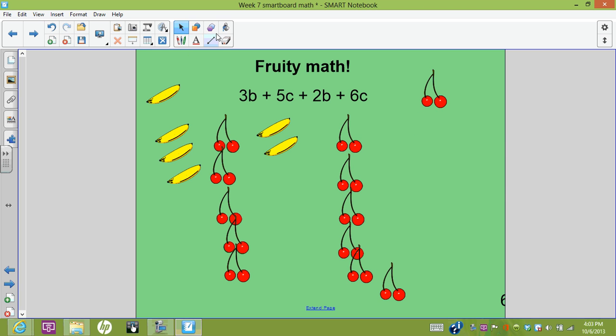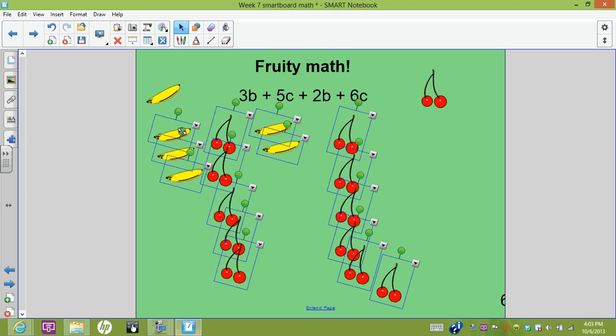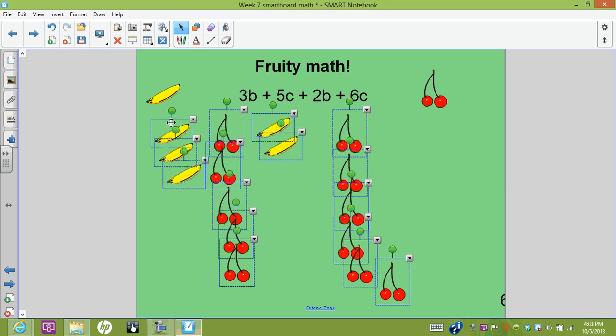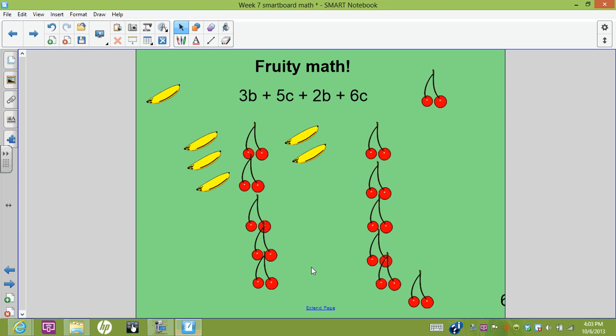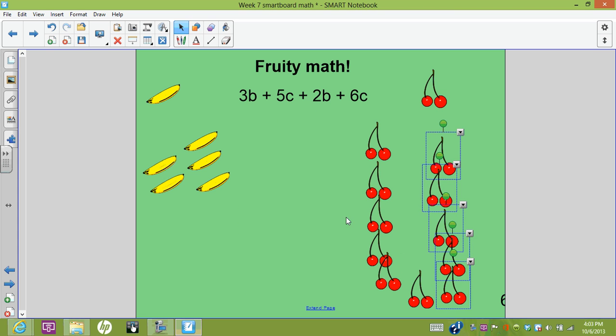Now, if I'm like a grocery store employee, perhaps, and I have all of these cherries and bananas, am I really going to organize them in the store like that? Well, no, that would be really silly. I'm going to take my bananas and put my bananas together, and I'm going to take my cherries and put my cherries together, because otherwise my grocery store is going to be a disorganized mess.